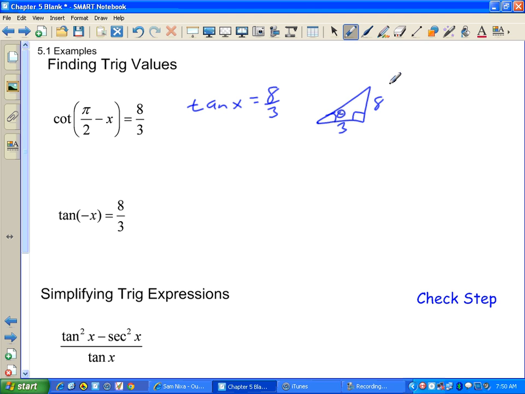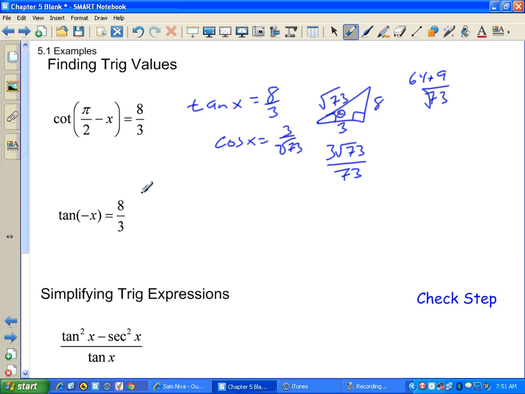But then I can use my Pythagorean theorem to find my hypotenuse. So 8 squared is 64, plus 3 squared is 73. So this is the square root of 73. And now if I want to know what's the cosine of x, well, I just take adjacent over hypotenuse and rationalize. So 3 square root of 73 over 73.